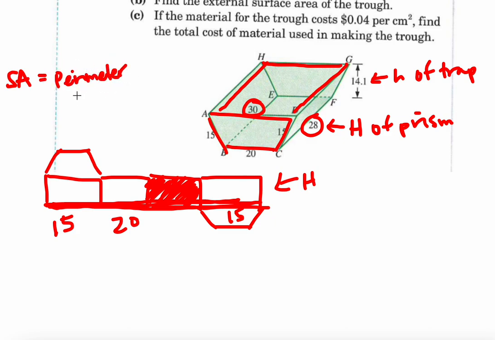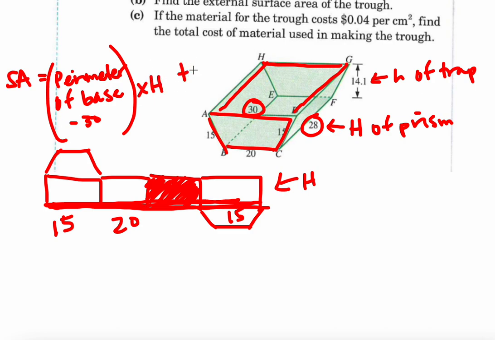So when we write down perimeter of this base, this trapezoid, we have to do minus 30, okay? So we're not including 30 in there, okay? And then times the height of the entire prism, plus 2 times the area of the two trapezoid bases.